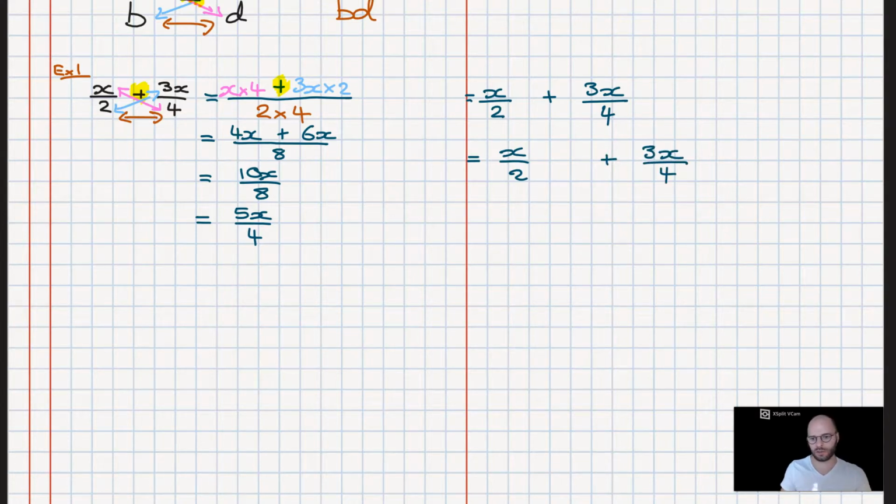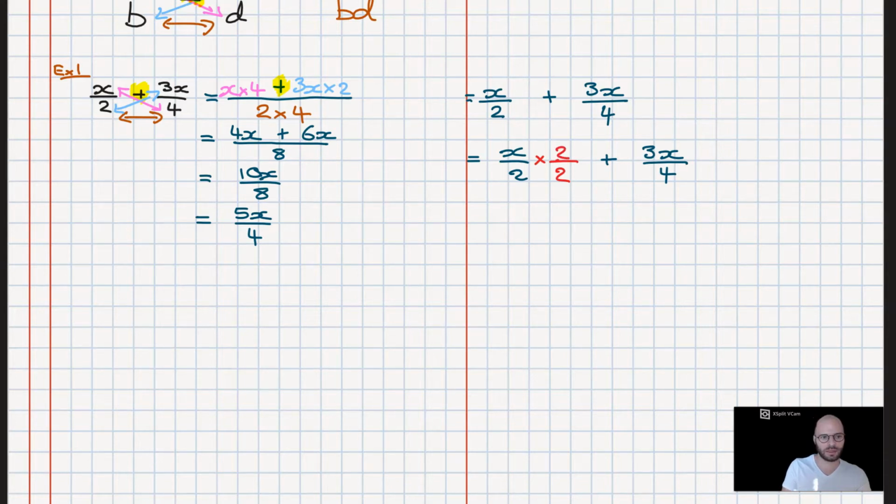Now what we want to do is have both of these fractions have a common denominator. Now if we look at 3x over 4 and compare it to x over 2, we ask ourselves, what do these have in common? And we know that 2 is a factor of 4. So what we can get away with doing is multiplying the denominator of this first fraction by 2, and because we're multiplying the denominator by 2, we also multiply the numerator.